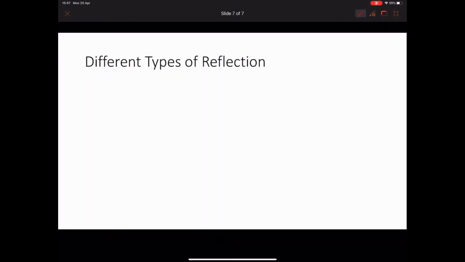So up until this point, we have been concerning ourselves with typical reflection, a reflection that occurs normally at a smooth boundary like a mirror. When we've been looking at our mirrors, we've been drawing them as nice straight lines like so.